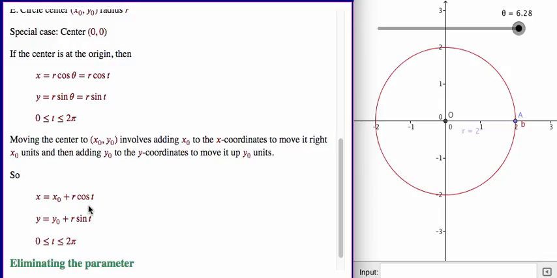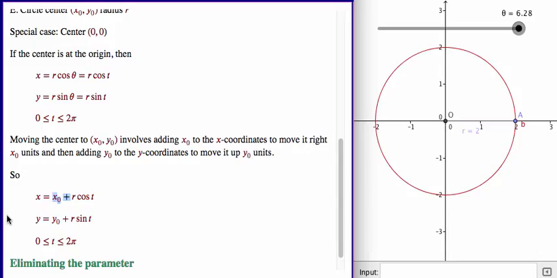Is there another way you can eliminate the parameter t? What comes to mind, I guess only to the mind of a person who's been thinking about it a while, is that if this was squared, well, cosine squared plus sine squared is 1, and t is gone. So if you could somehow get cosine squared and sine squared out of this, and that's not too hard to do: take the x0 to the other side and then square.